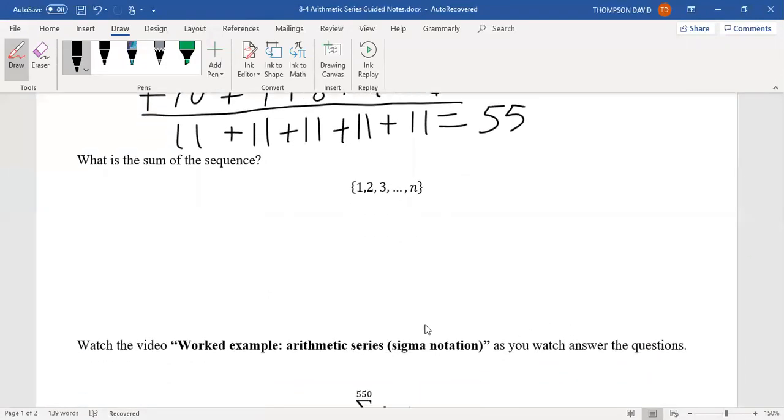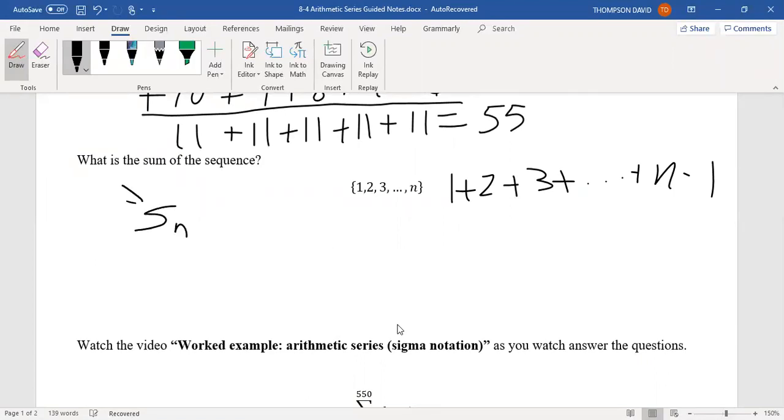Let's talk about it in more general terms. Suppose we don't know the number of terms and we're dealing with 1, 2, 3, etc., all the way to n. So we can rewrite this as 1 plus 2 plus 3 plus etc. plus n minus 1, plus n. What we're going to do is write in the sum notation, which we use Sn for.